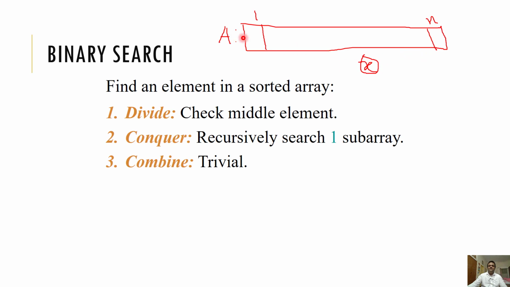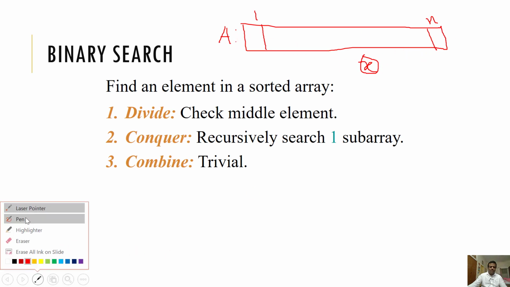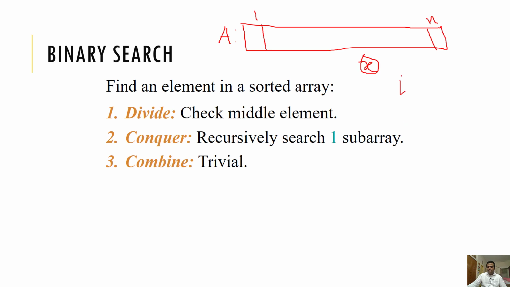This is basically a for loop: for i equal to 1 to n, we just check whether a[i] is equal to x or not. If it is matching we return, otherwise we continue until i is exhausted.